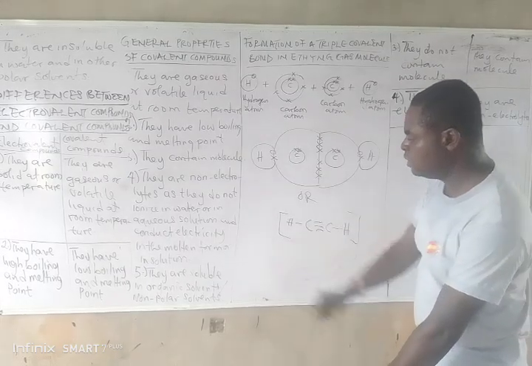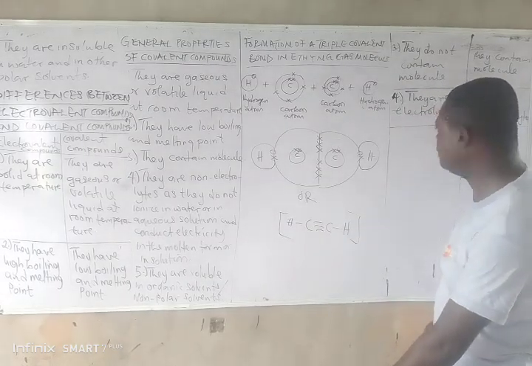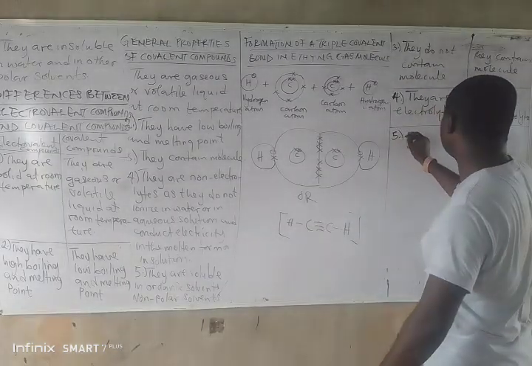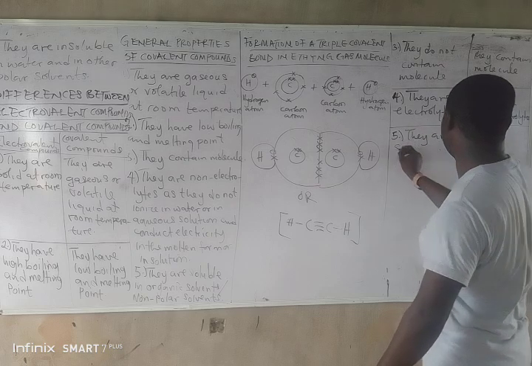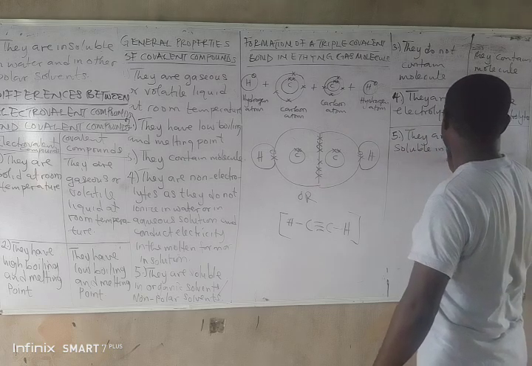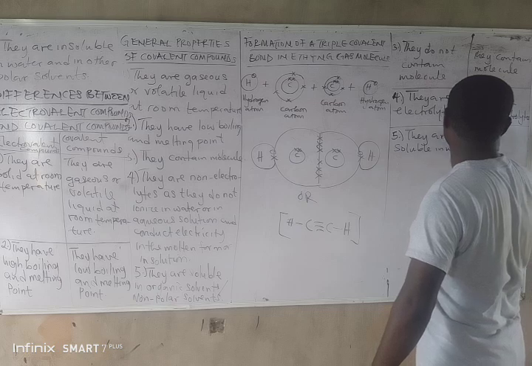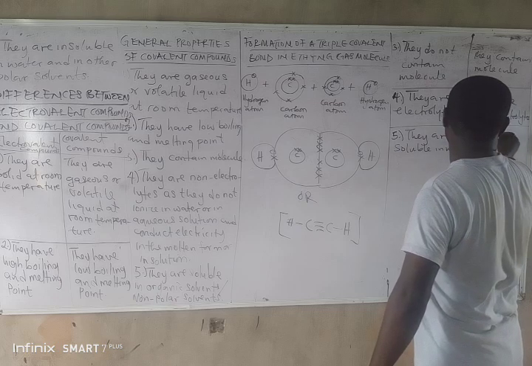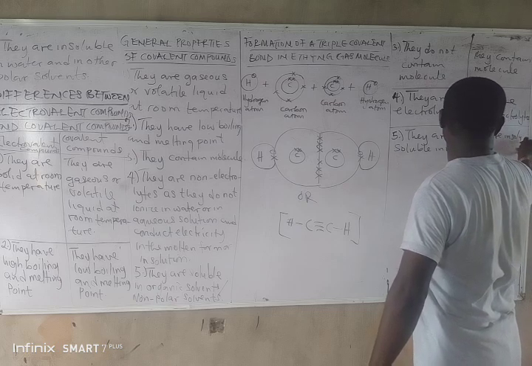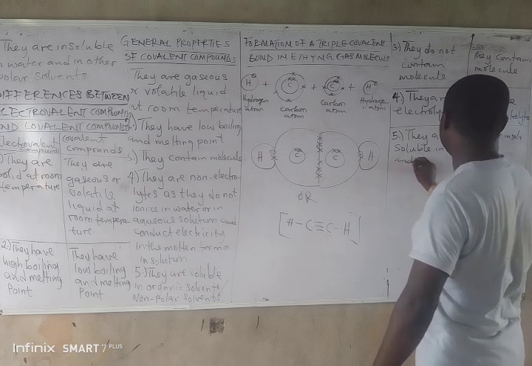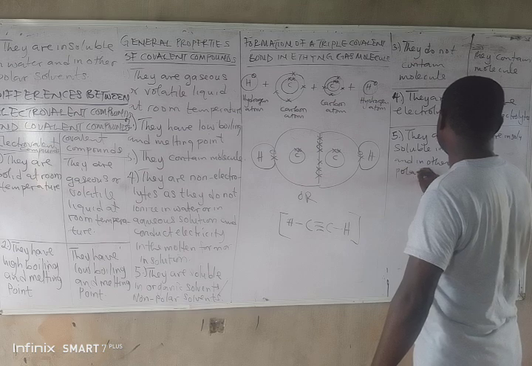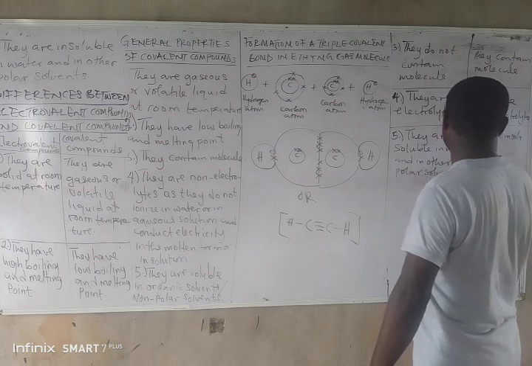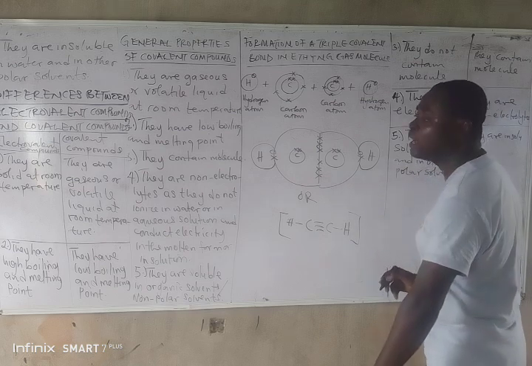Here they are soluble in organic solvents. Now electrovalents are soluble in water. Covalents are insoluble in water and in other polar solvents. Some of you did not ask me what is polar.